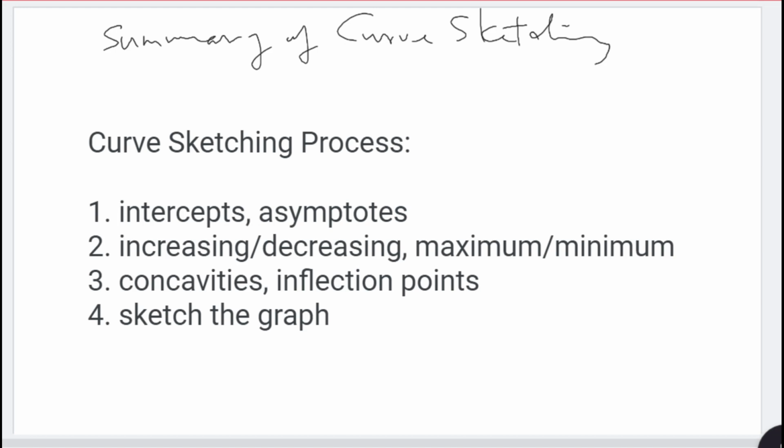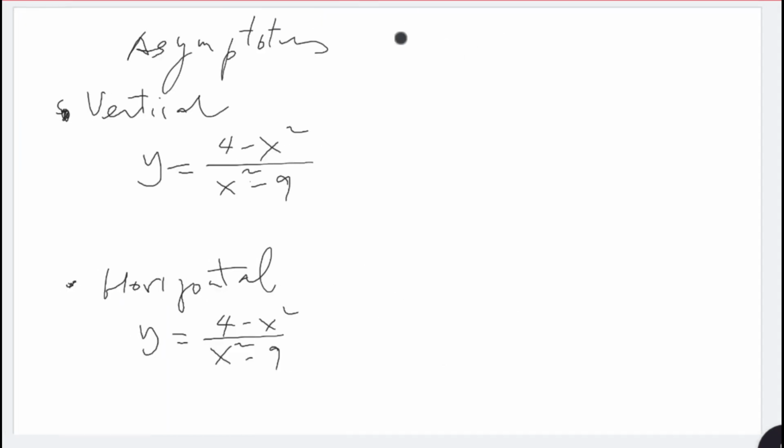So let's first discuss asymptotes. There are horizontal asymptotes and vertical asymptotes. Let's see how we do some of the things differently, more easily maybe, in calculus. Well, the vertical asymptote is the same.